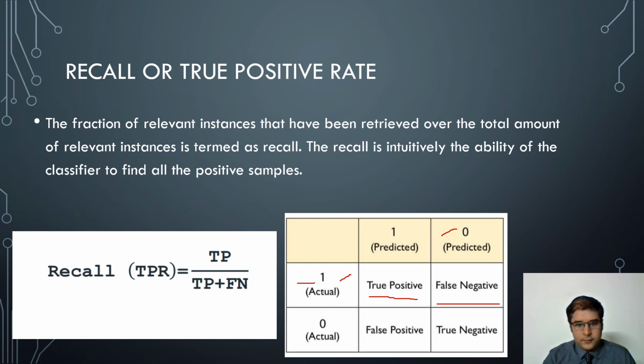So false negatives plus true positives is the total relevant instances, which is the denominator here. Out of this we have correctly identified this much, which is true positive, so that is the recall. It is the ability of the classifier to find all the positive samples.